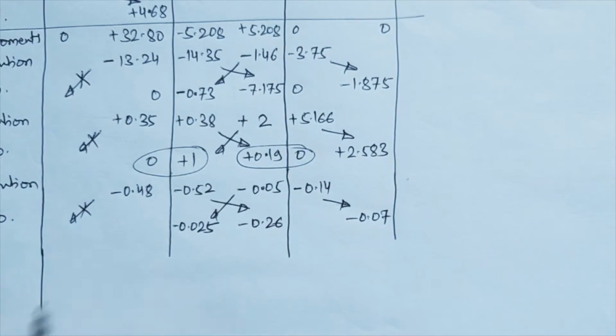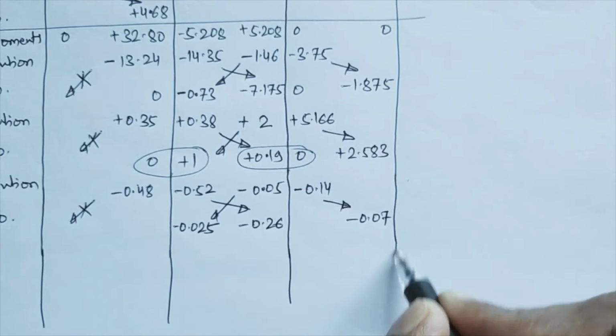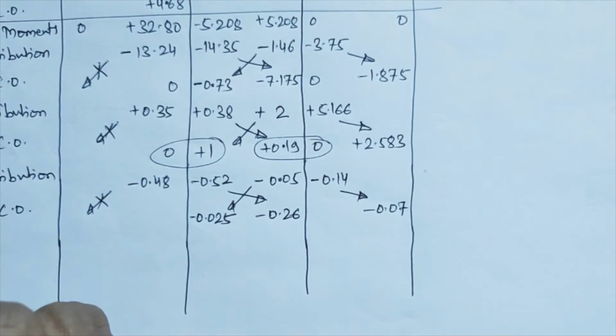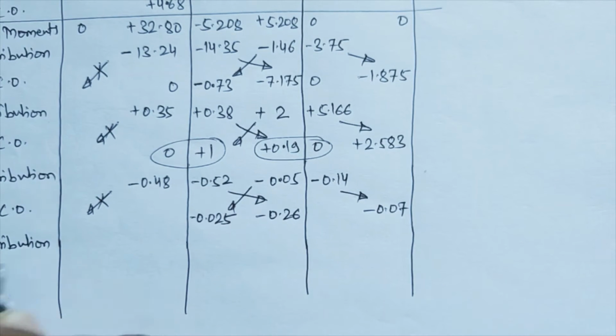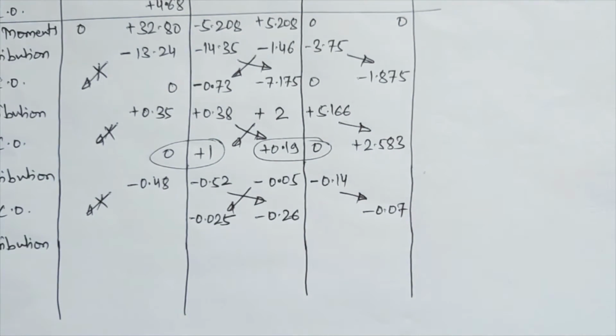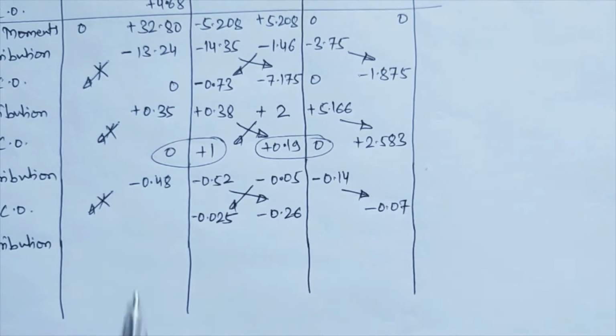I have told you in your previous lectures where you have to stop the table. You have to stop the table after doing the distribution. If you stop the table at the carry over, your moments will not get matched. That is, for conditions of equilibrium, your values will not get correct. So you have to stop the table after doing the distribution.